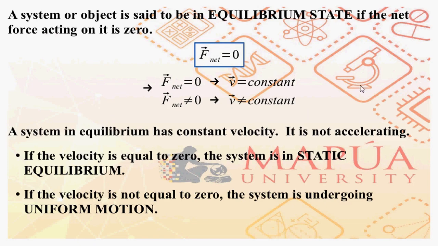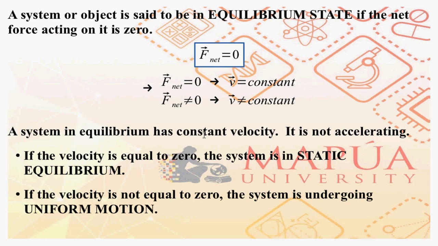You have an object, several forces are acting on the object, get the net force, get the sum of the forces, and if the net force is equal to 0, the system or object is in equilibrium state. Now, if the net force is 0, we know that the acceleration is 0, the velocity is constant.